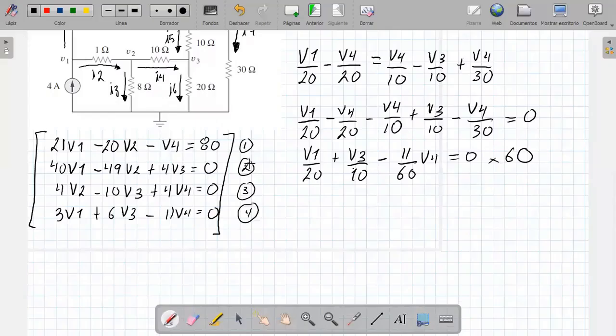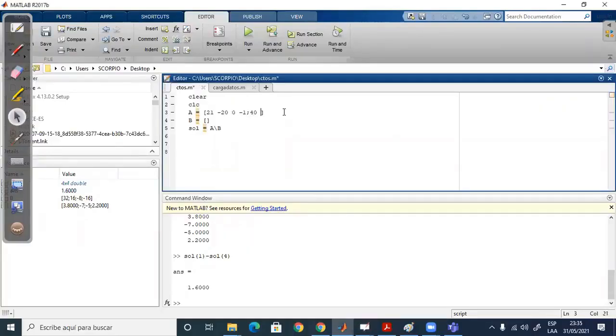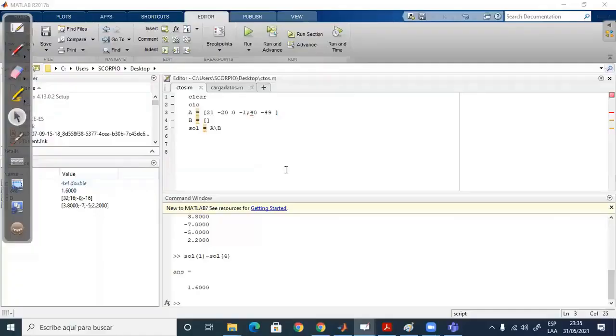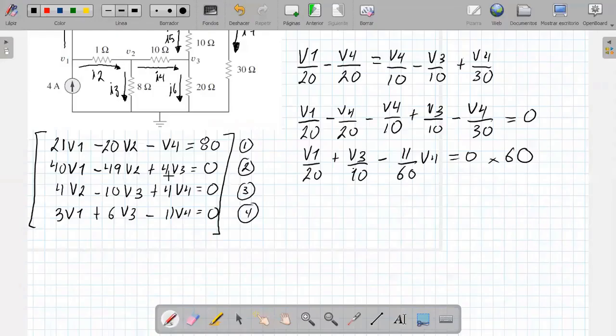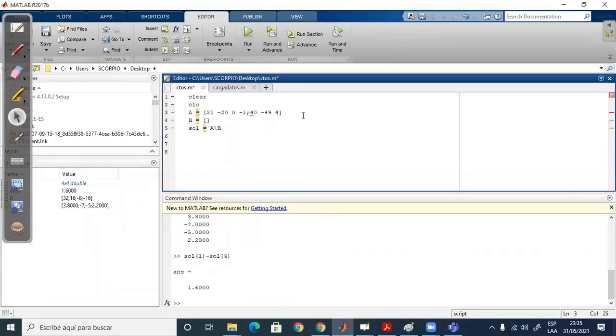Then a semicolon to move to the next row: 40, minus 49, 4, and 0 because there is no V4.